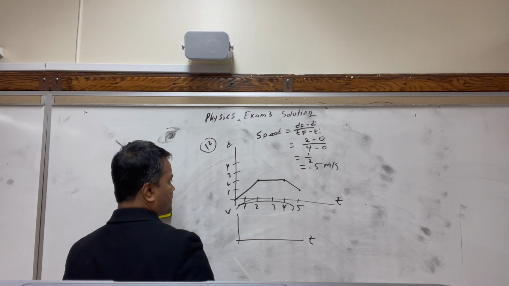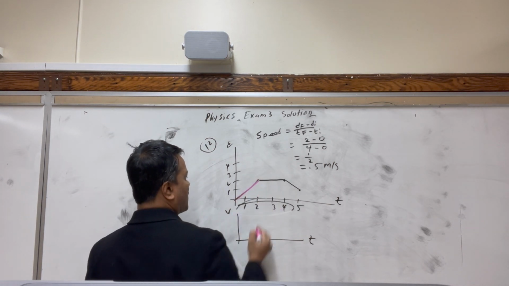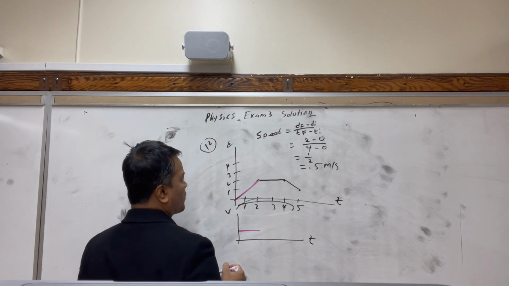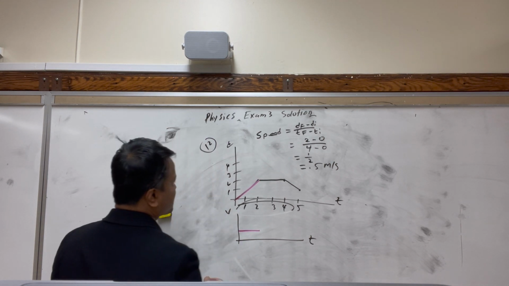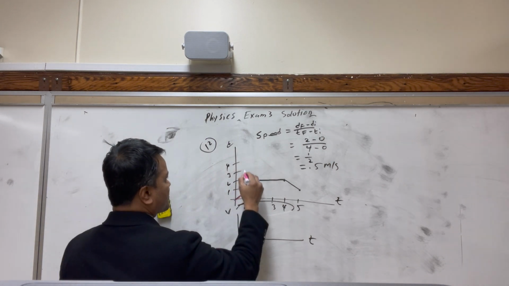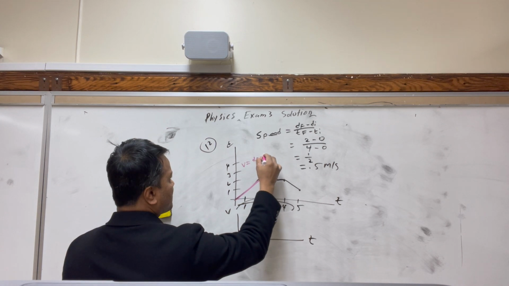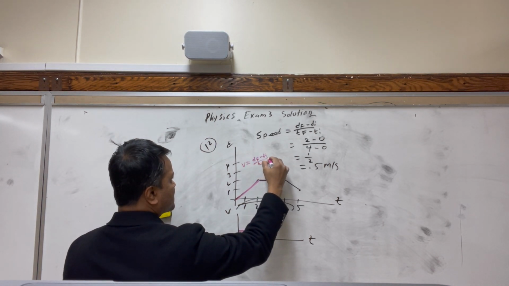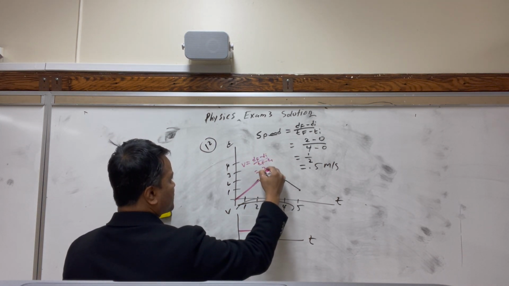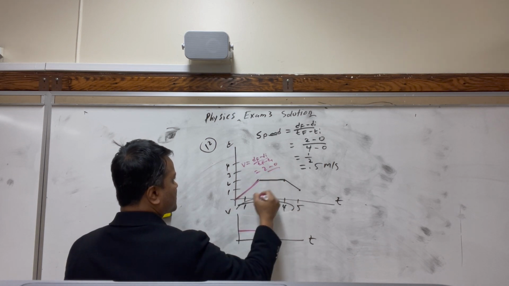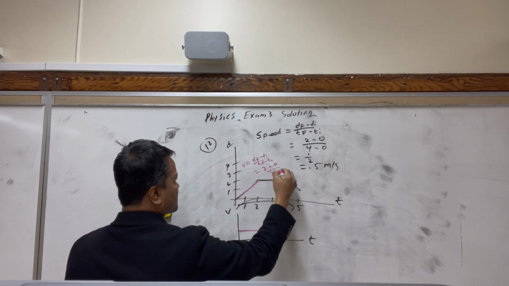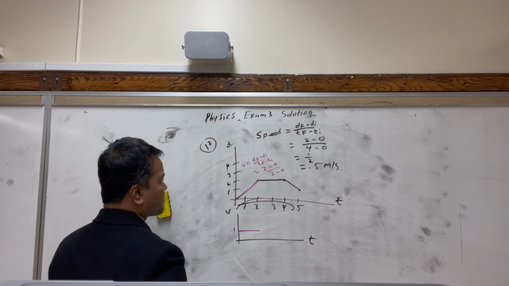So this one is going to be a horizontal. What would be the velocity of this piece? Let me see. So velocity of this one would be v is equal to df minus di over tf minus ti. So the df is 2 minus 0 and 2 minus 0. So this is 1. So velocity is 1.